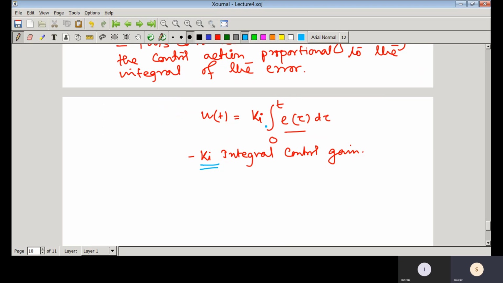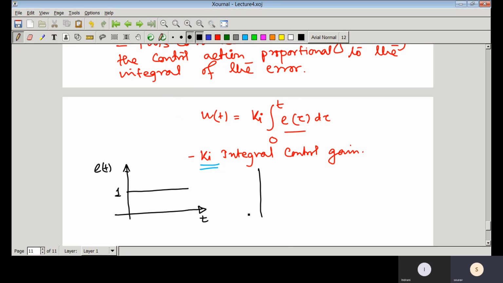In this particular case, let us see how integral control works. Suppose you have taken some constant error signal, suppose this is 1.